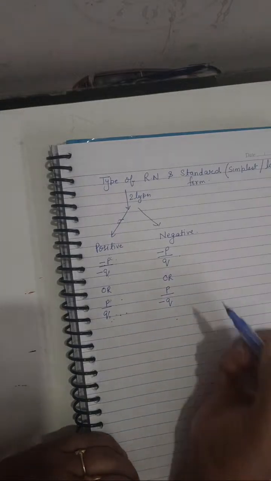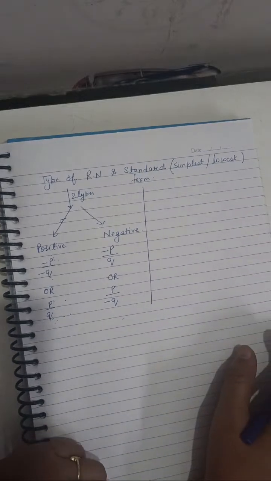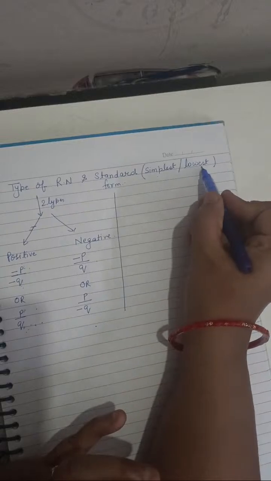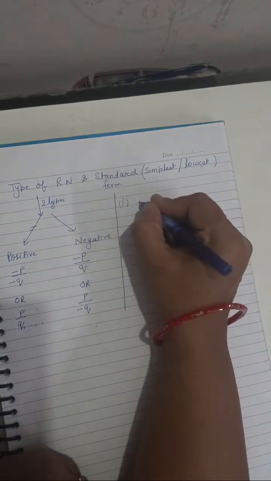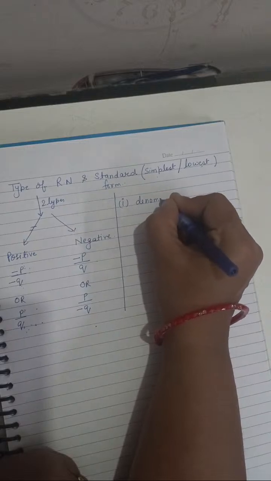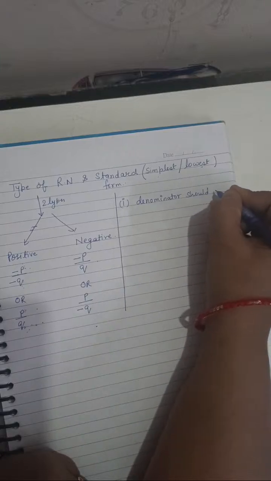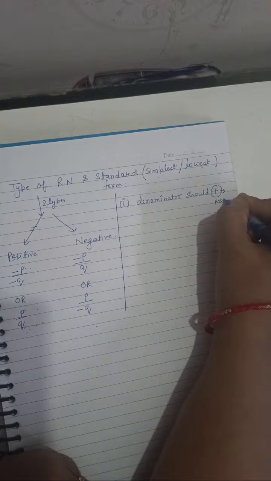Now moving to the next part, the standard form. What is the meaning of standard form? Look, standard, simplest or lowest form. The very first condition is that the denominator should be positive.